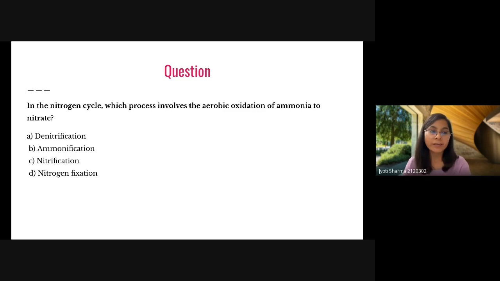Or ammonium ion NH4 plus, and we do not have oxygen here. But if we are changing it to NO2 or NO3 minus, then there must be oxidation. So can you tell me the process? So this process is nitrification.